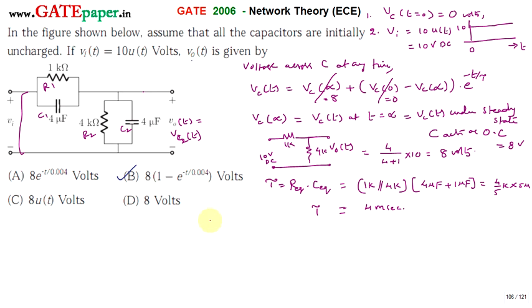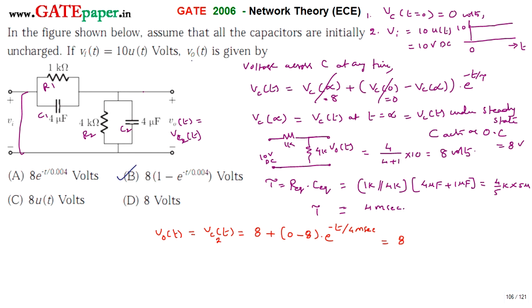Now Vc of t, the voltage across capacitor C2 at any point of time, which is also called V0 of t, you can write from the expression: 8 plus 0 minus 8 into e power minus t by 4 milliseconds.